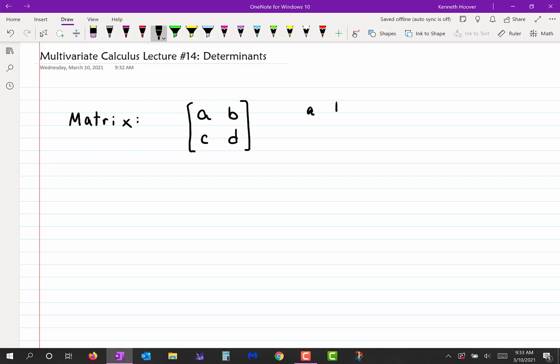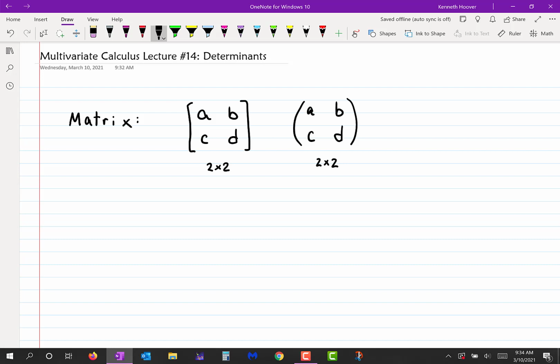Some people put parentheses around them. Okay, that's what a matrix is. This is called a 2 by 2 matrix because there's 2 rows and 2 columns. You always say the number of rows first and the number of columns second.